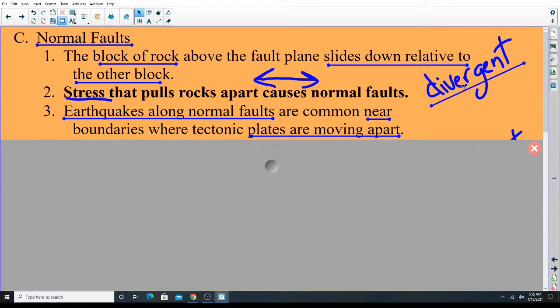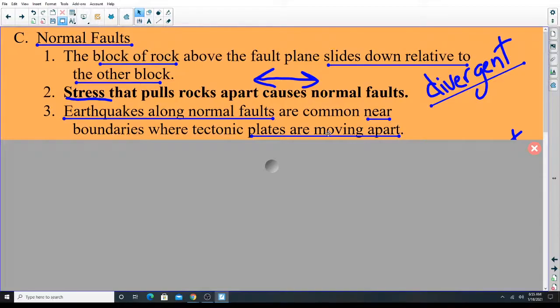Normally they happen at divergent boundaries. Now, if you remember, divergent boundaries are where they are dividing, where they are pulling apart. Earthquakes along normal faults are caused because of that divergent stress that's built up.